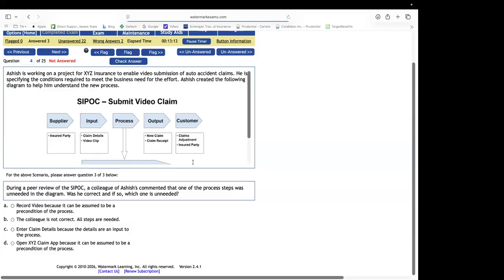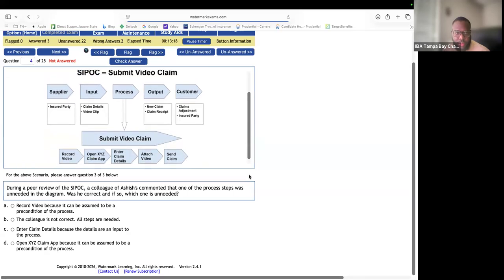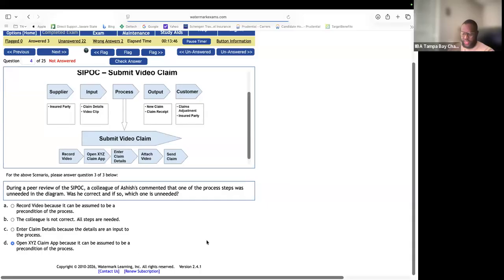Can you scroll down on the image? Absolutely. Perhaps D. And why do you choose D?